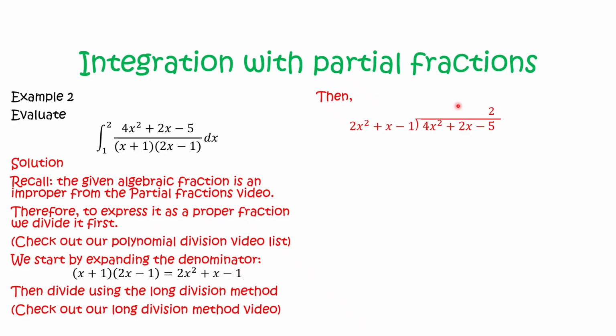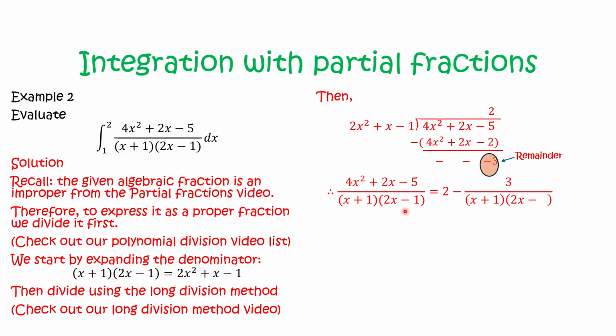Then we multiply that 2 with every other term in the divisor so that we get 4x squared plus 2x minus 2. We subtract that from the dividend so that we get the final minus 3, which is the remainder. The quotient here is the 2.